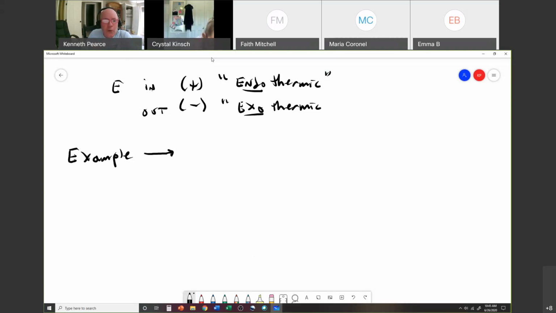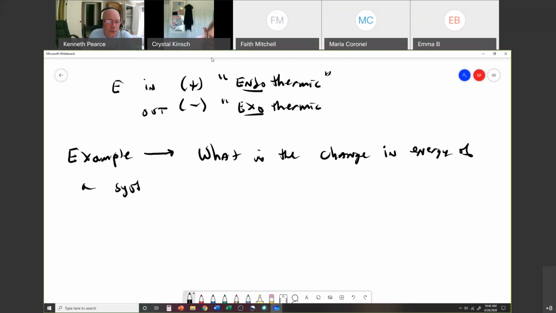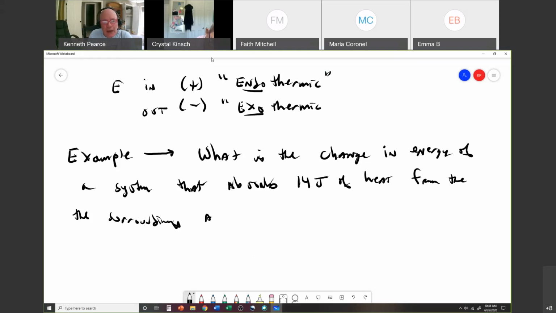So we say, what is the change in energy of a system that absorbs 14 joules of heat from the surroundings and does, let's say, 18 joules of work on the surroundings.